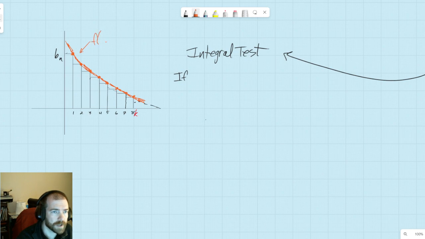So here, this is going to be a continuous function, f of x sub k.